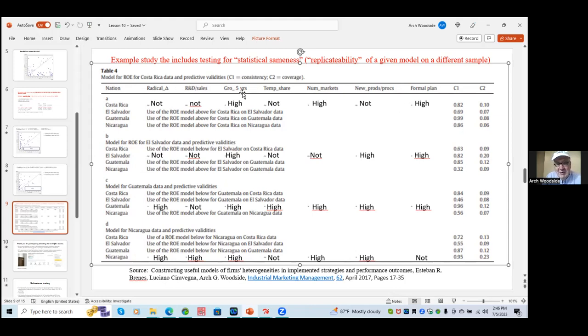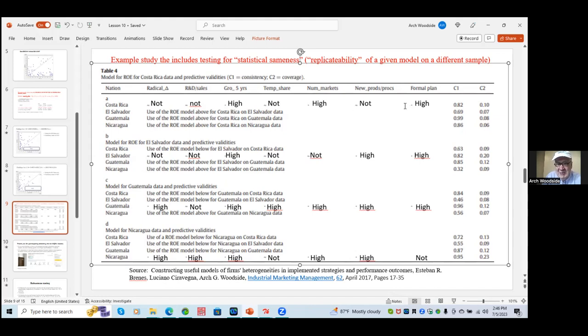So you've got 1, 2, 3, 4, 5, 6, 7 conditions in combination here. And if you think of 3 levels of each of the 7, that would be 3 to the 7th in terms of combinations possible. But anyway, this is the model for Costa Rica.